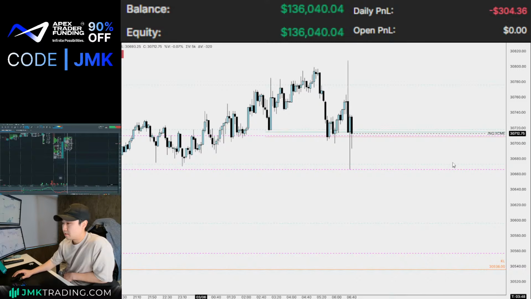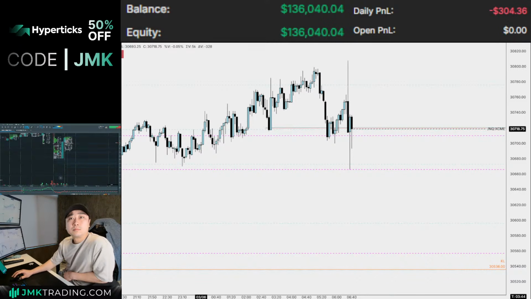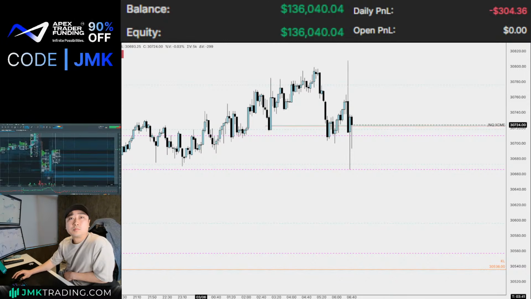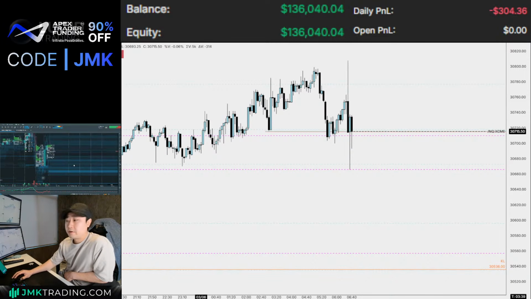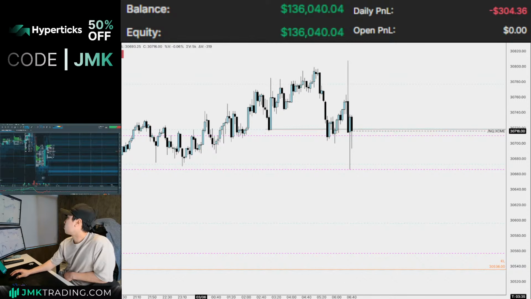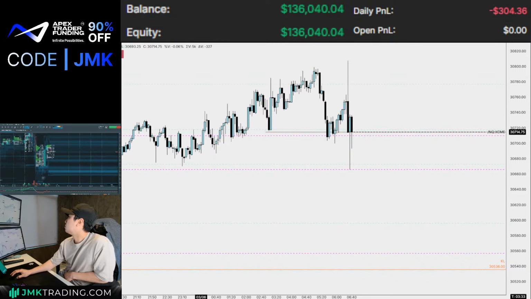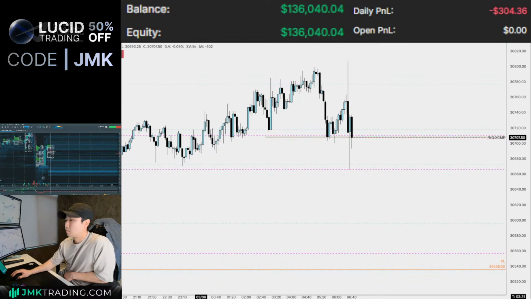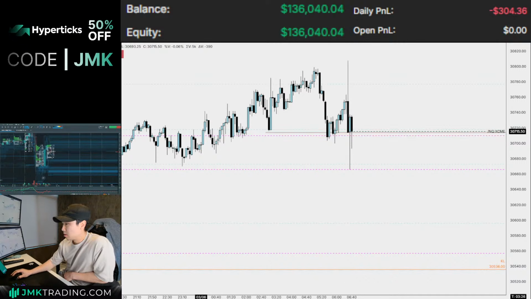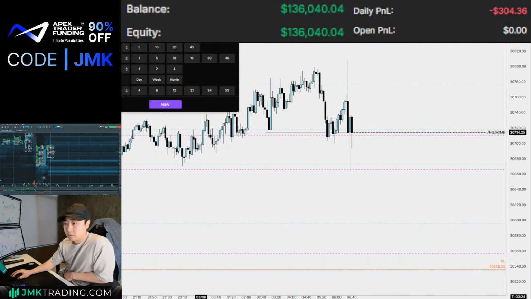I'm so bearish on this. I might look for this short again. Sellers are playing pretty good defense here. Buyers are really aggressive though. Oops. Let's actually go, I'm gonna go to the 1 minute on this chart.